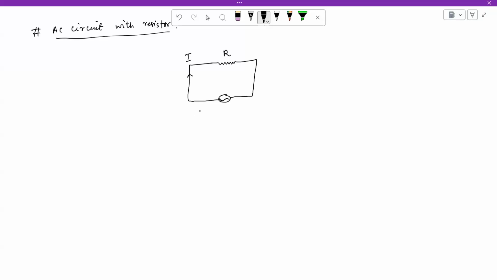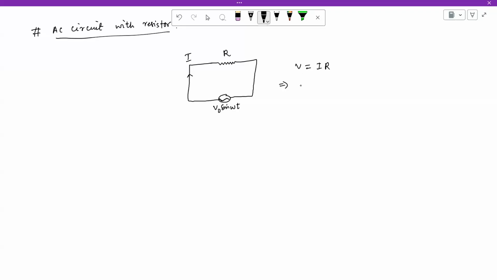Now we know that the voltage in the resistance is IR, and this V is V naught sine omega t.